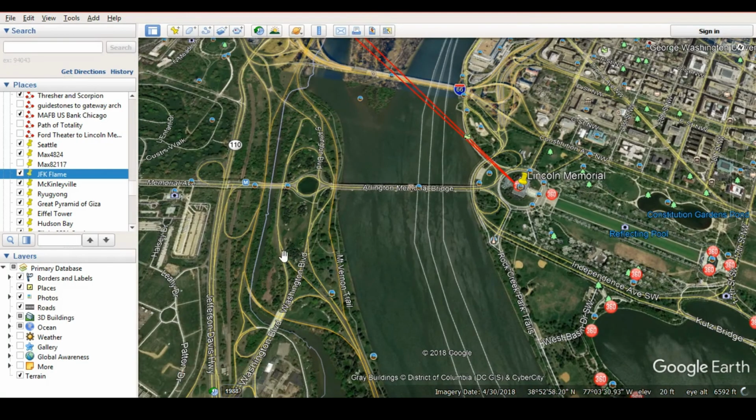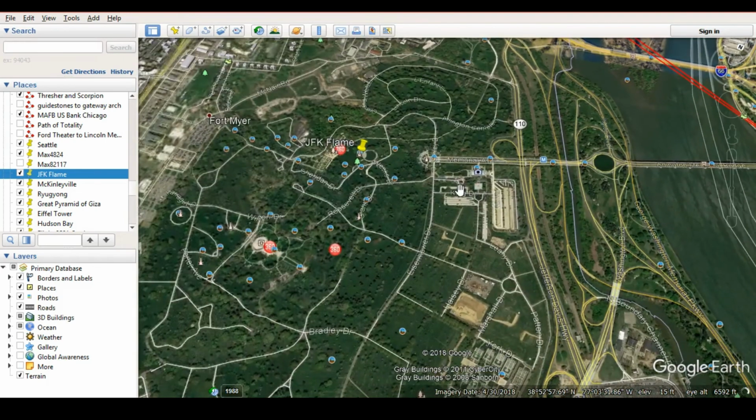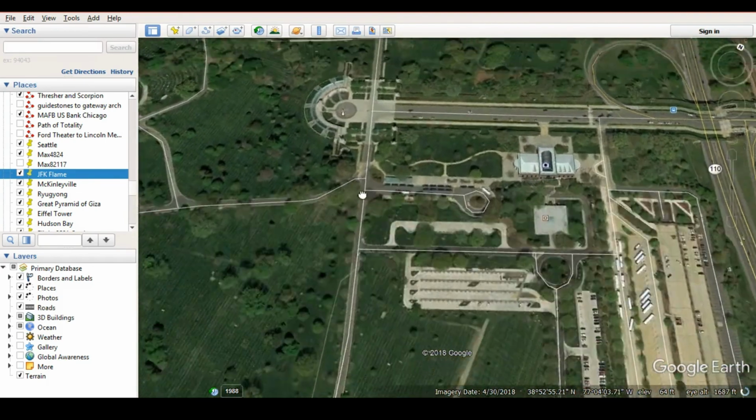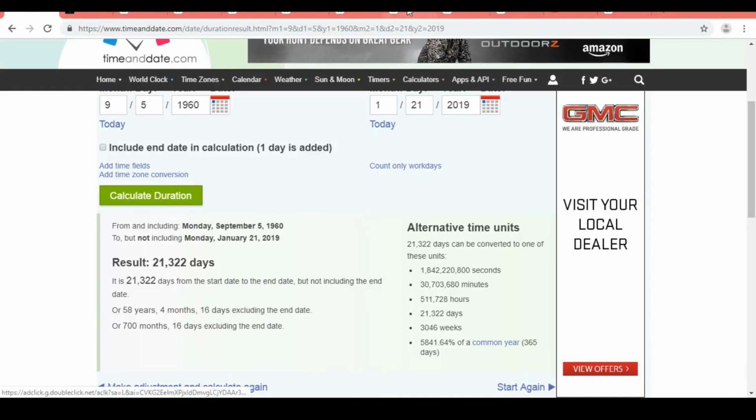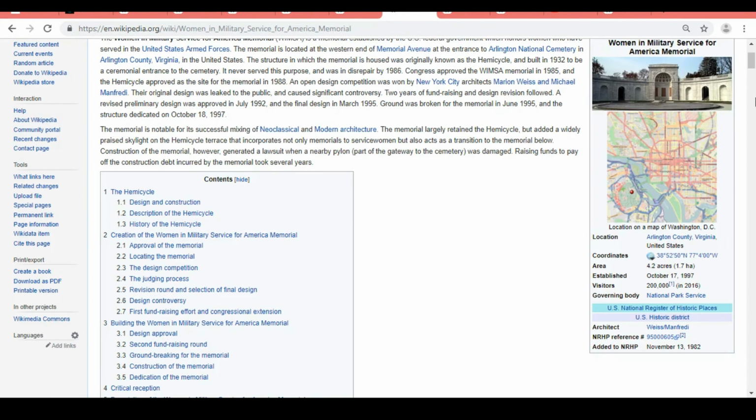I also want to show you how this is a Wormwood ritual. If we look at this Women in Military Service for America Memorial, this memorial was established on October 17th, 1997.